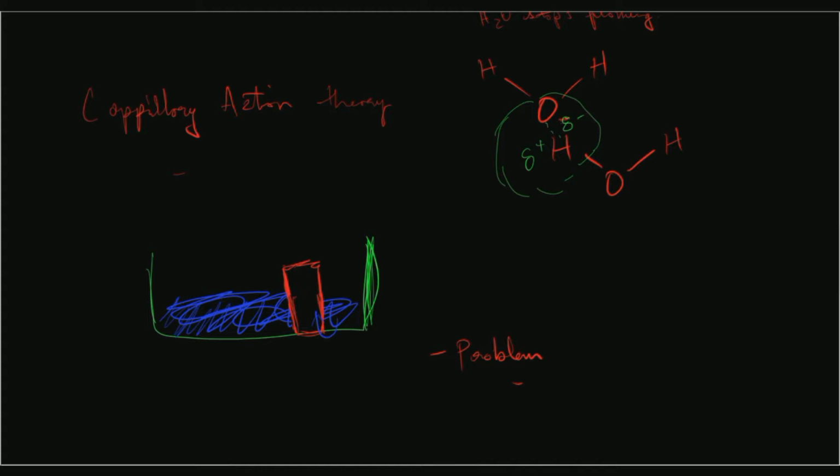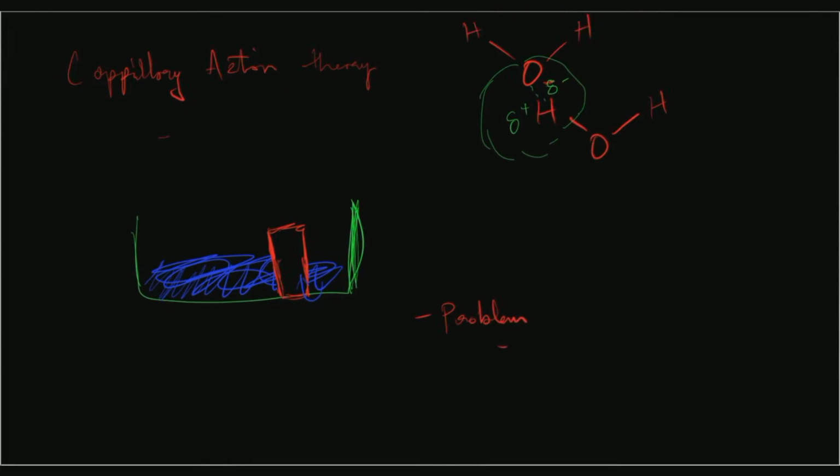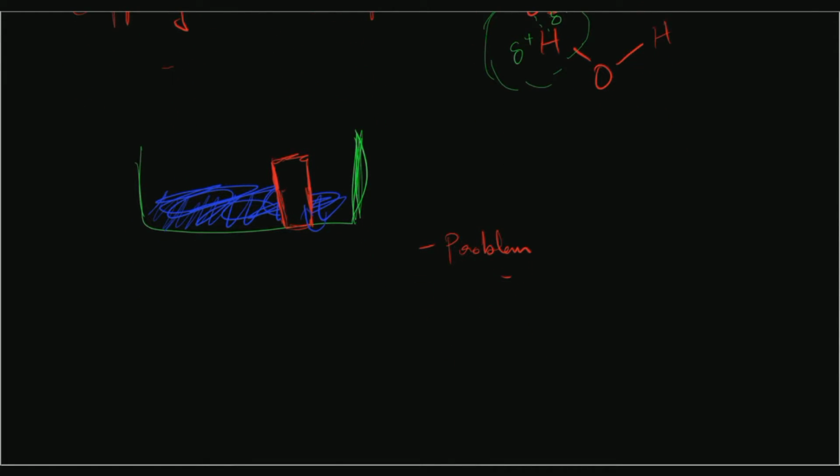If you didn't understand that, it basically goes through the plant by using adhesion and cohesion. It'll adhere to the next level, and the water level will rise up. Adhere to the next level, it'll come up. Basically, that's what's going to happen with the capillary action theory.